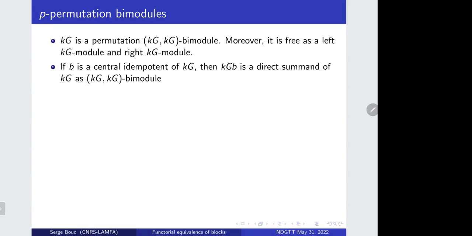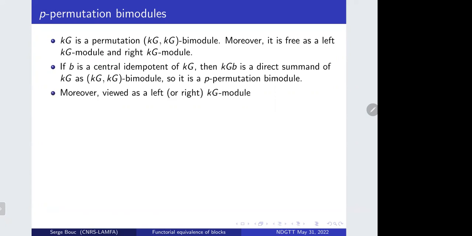This is again a bimodule because B is central in KG, and it's a direct summand of KG as KG bimodule because B is an idempotent. So in particular, KGB is a p-permutation bimodule. Moreover, if we now restrict the action either to the left or to the right, then KGB is a direct summand of the free module KG, and in particular, it is projective.